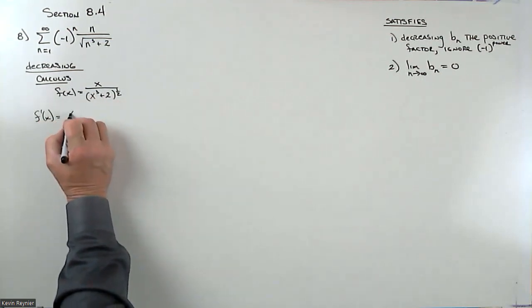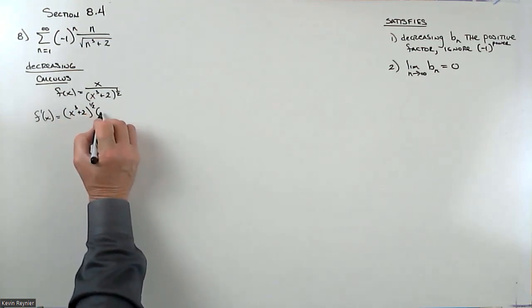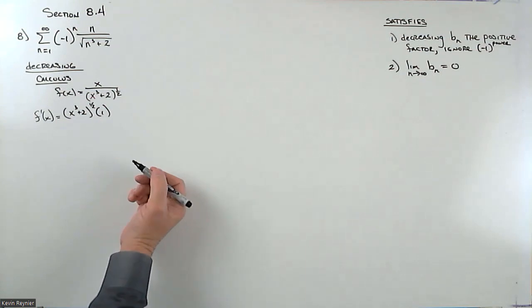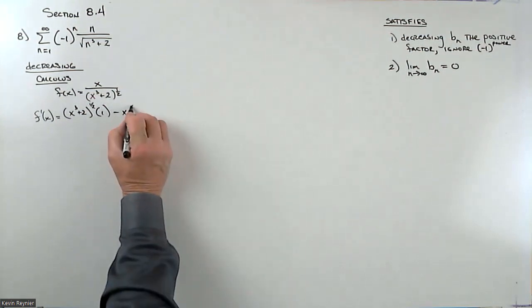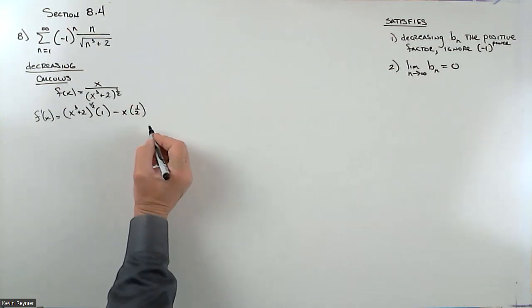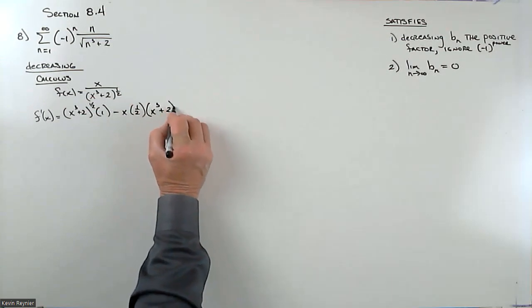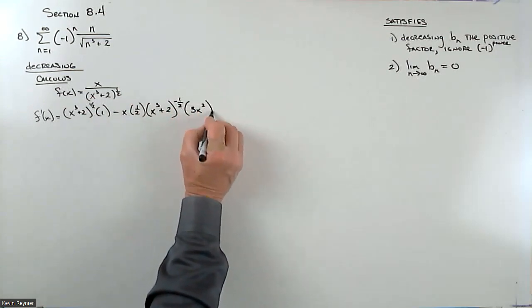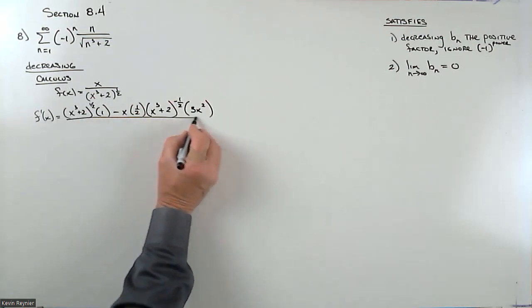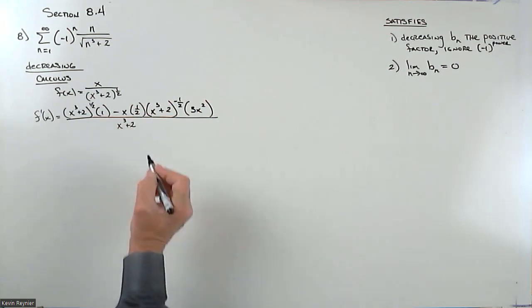We take the denominator times the derivative of the numerator, using the quotient rule, minus the numerator times the derivative of the denominator, where the 1/2 comes down. We have (x cubed plus 2) to the minus 1/2 times 3x squared, chain rule, divided by, now we square the denominator, which gives me x cubed plus 2.